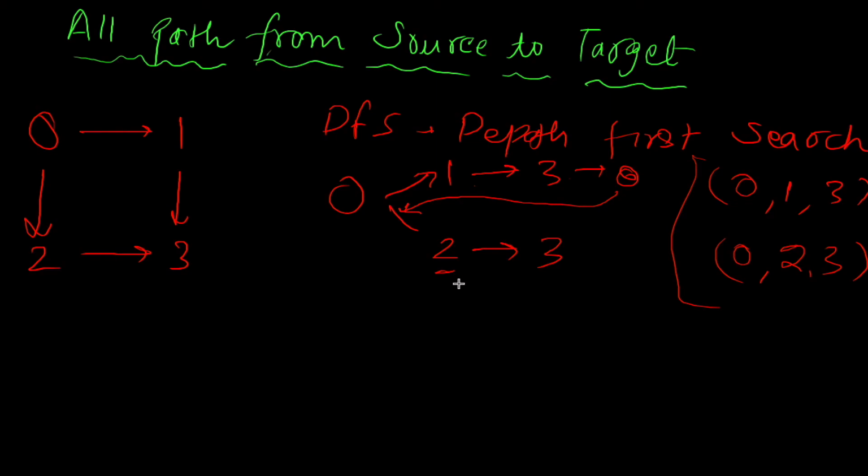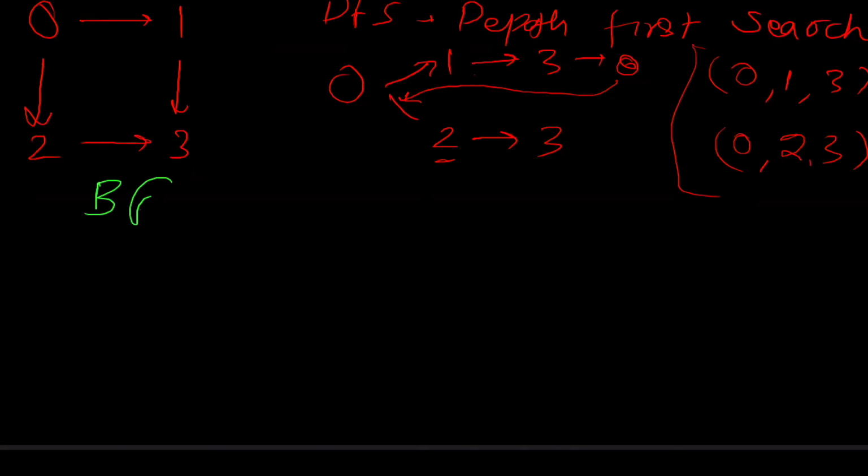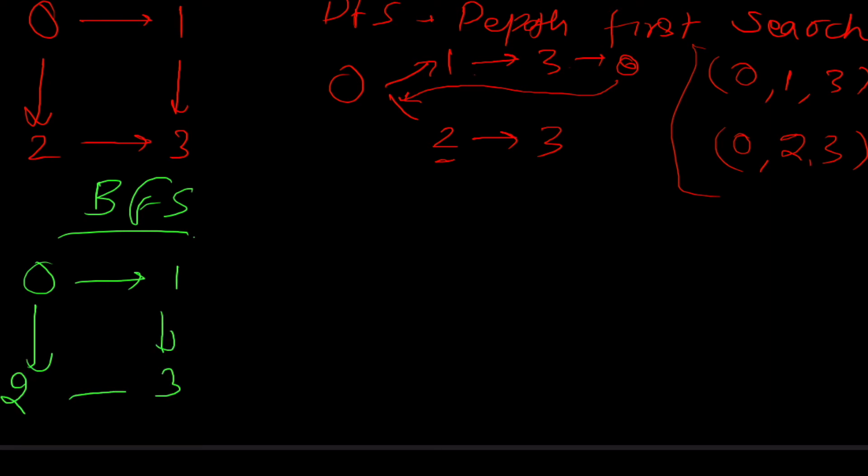So for the BFS approach, the explanation would be like this. In BFS, you would first go to each of the neighbors of the starting point, and then from those neighbors, you will go to the next neighbor.